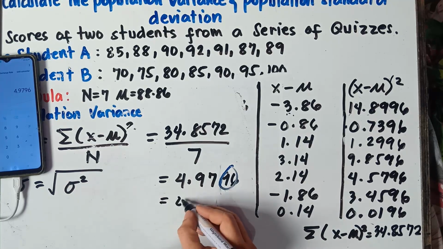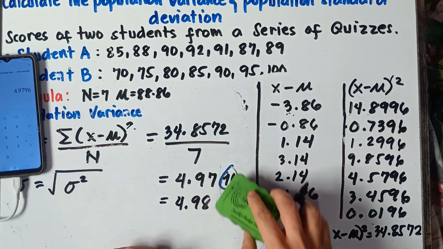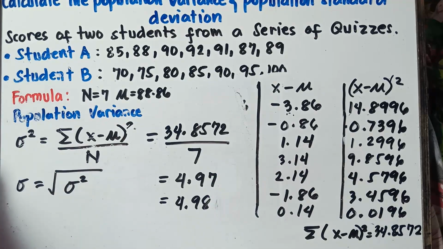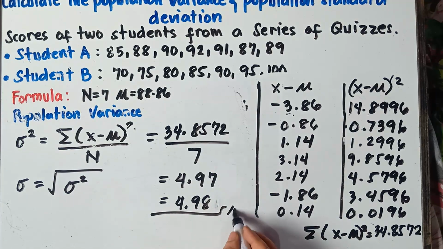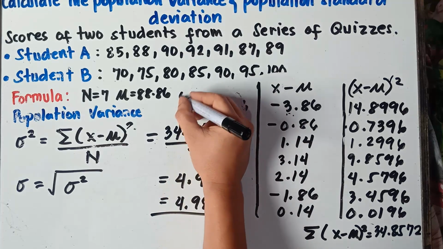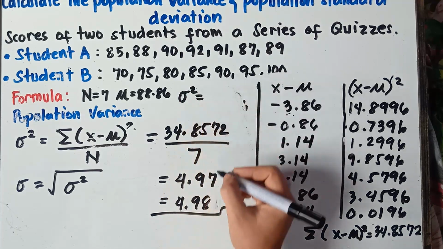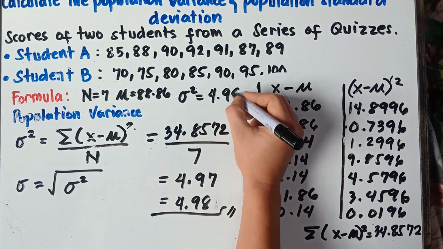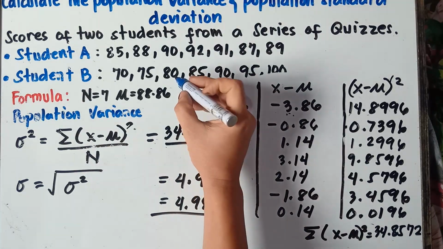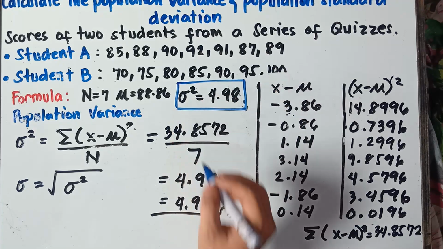This will be equal to 4.98. And that would be our population variance. So the population variance is equal to 4.98.